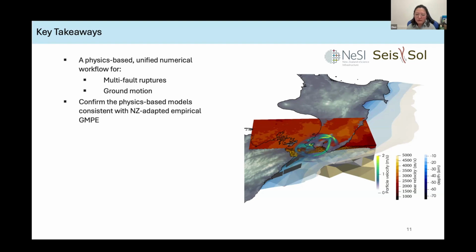The first is we confirm the rupture source, and we try to validate or compare with some paleo earthquake records in central New Zealand.